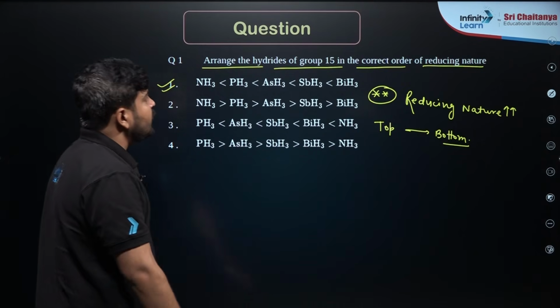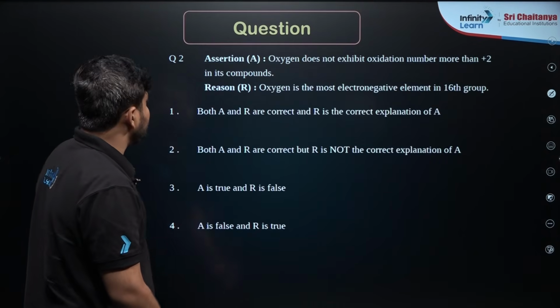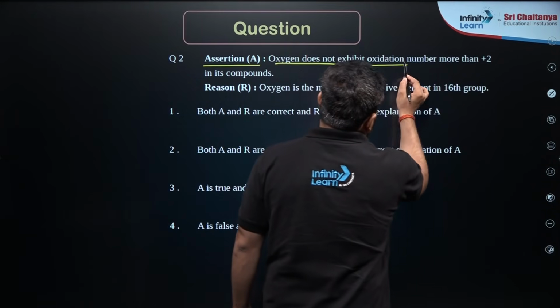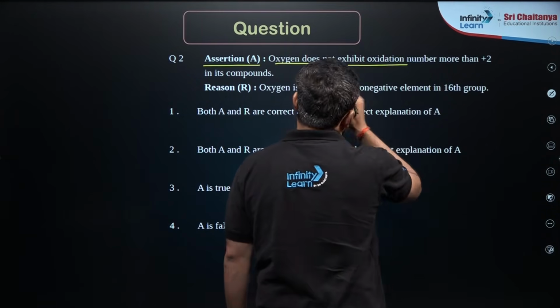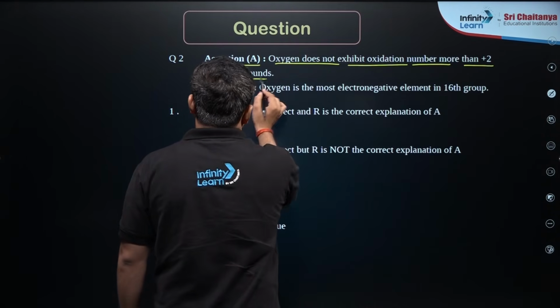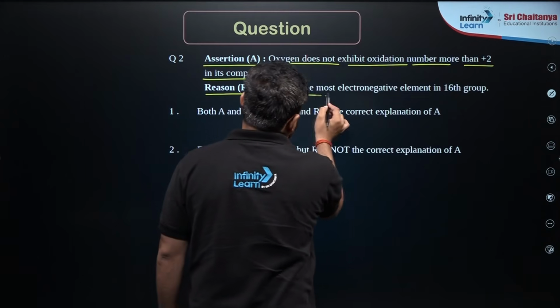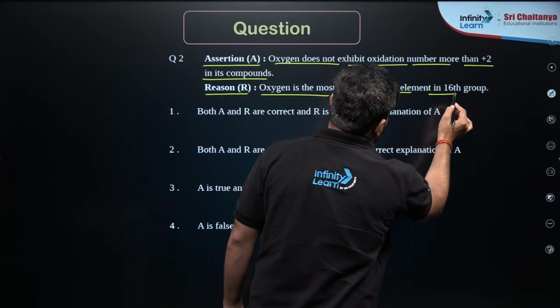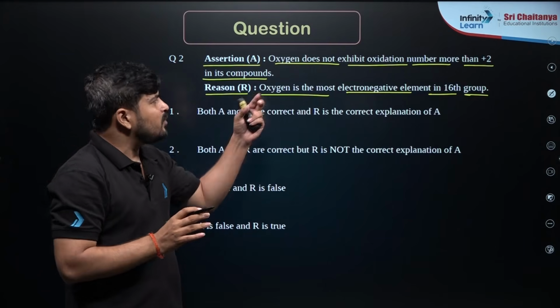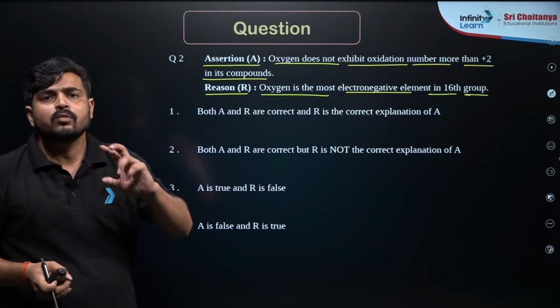Please remember this one, it is one of the important points that we have to know. After that, I am coming to the second question. Assertion A: oxygen does not exhibit an oxidation number more than +2 in its compounds. Reason R: oxygen is the most electronegative element in group 16. Here, both statements are not suitable with each other.